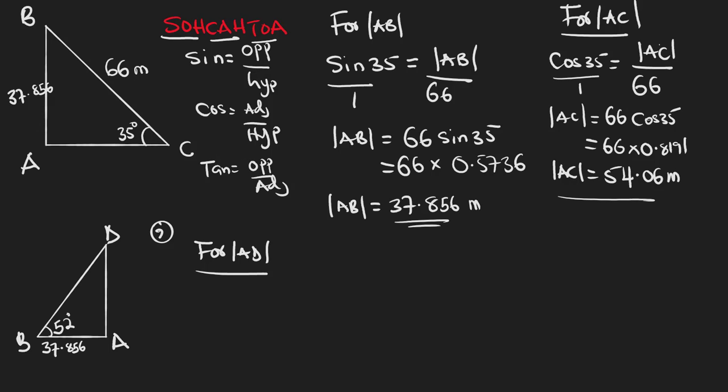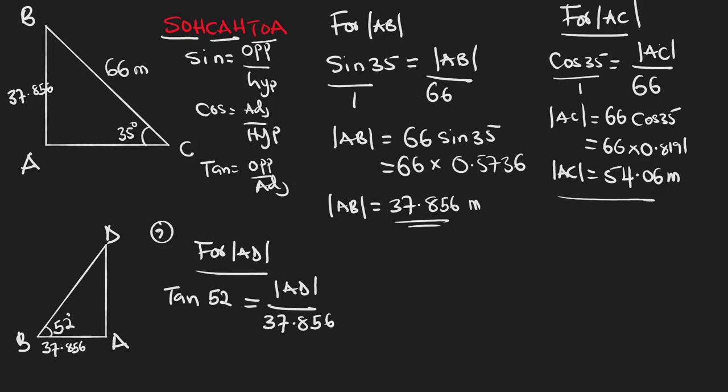So in using tan now, we're going to say tan 52, because that's our angle, is equal to, tan is what? Opposite over adjacent. So what's our opposite? Our opposite is line AD, all over adjacent, our adjacent is now 37.856, right?